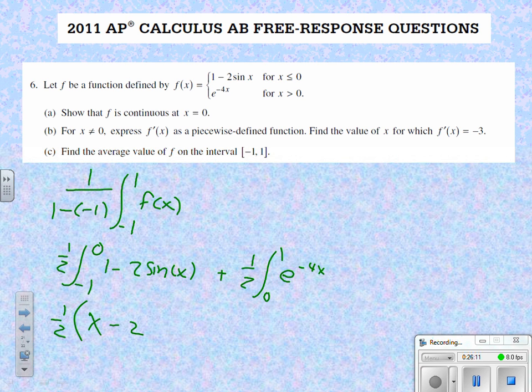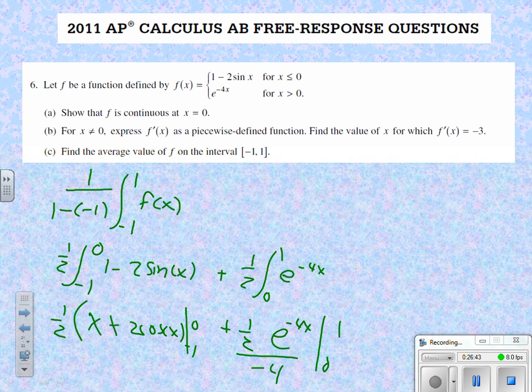The antiderivative of sine would be negative cosine from -1 to 0. Now, how about the antiderivative of e to the -4x? Well, that's e to the -4x multiplied by -1/4. So it got a little messy, and that's a hard way to finish. Yeah, especially at that moment in time.